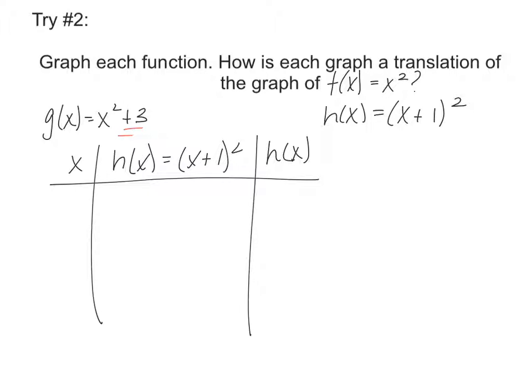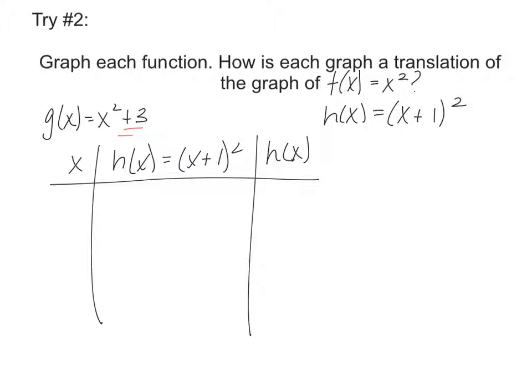Let's take a look. We have x plus 1 in parentheses squared. Remember that parentheses should give us a hint that we're not going to have a vertex of 0, 0, simply because it has been shifted either left or right.